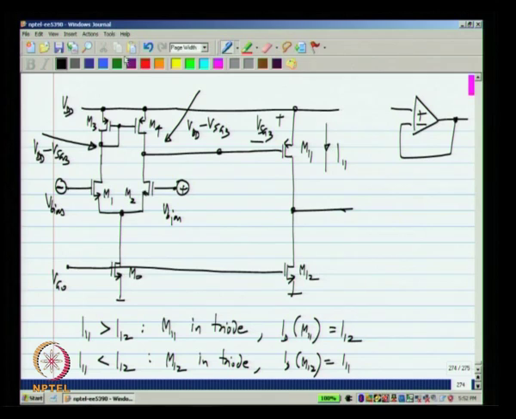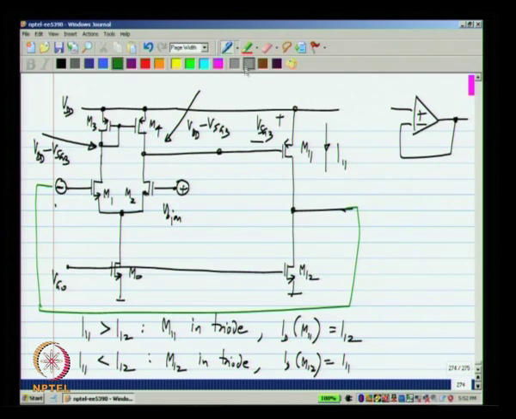Let me connect it up in unity feedback like that, and apply V bias to that stage, and let us say V bias is somewhere in the middle of the supply. Let us say VDD by 2. Now, what do we expect if the op amp is ideal? If this is VDD by 2, I would expect VDD by 2 over there.